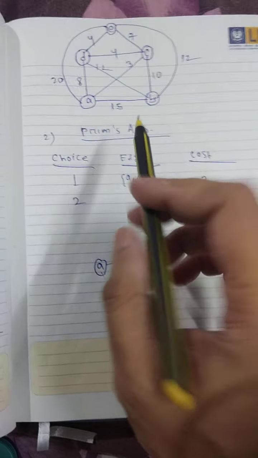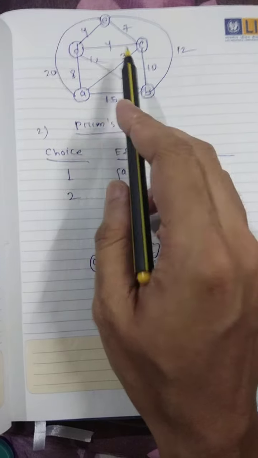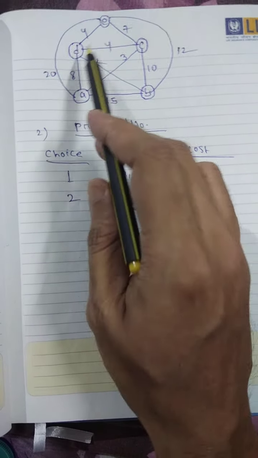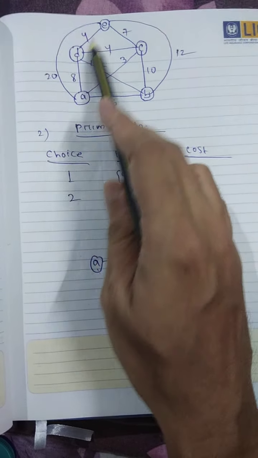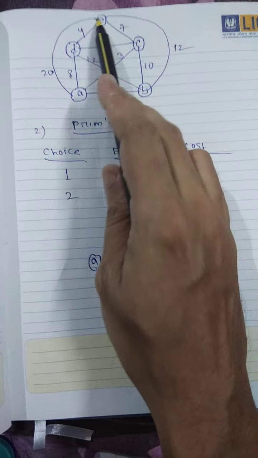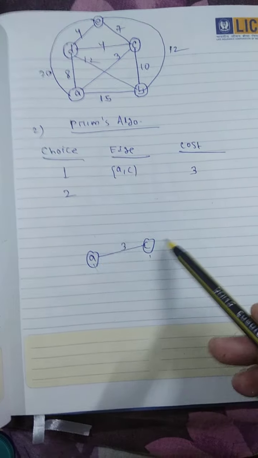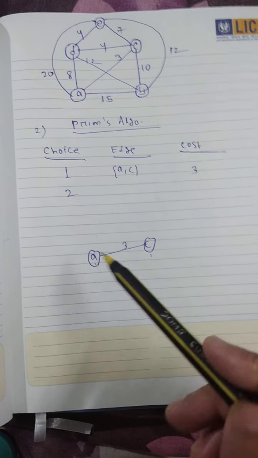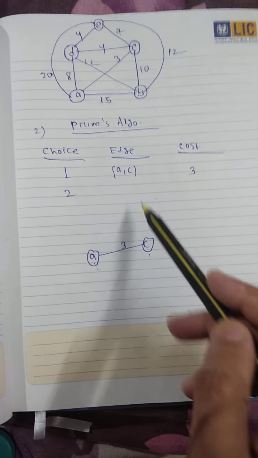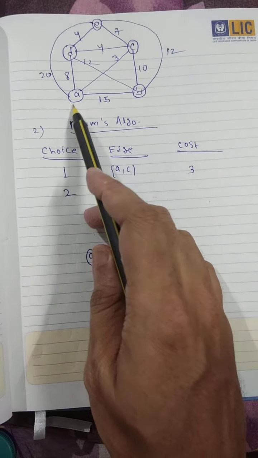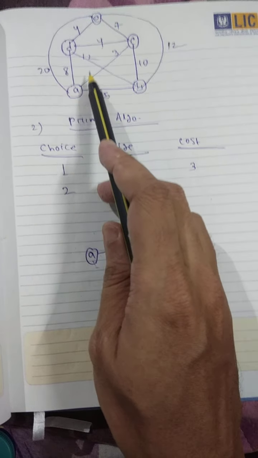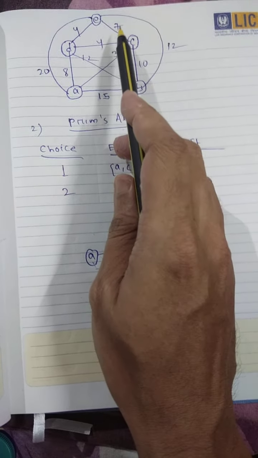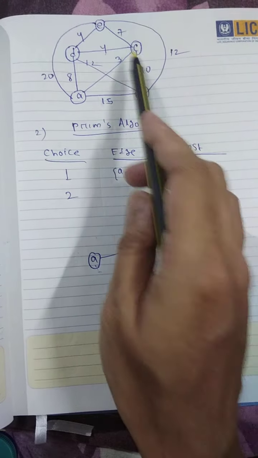Suppose in this case, the next minimum is 4 and 4, but DE 4 we cannot take first, because D and E are not yet selected. First we selected A and C, so we select the edge which is incident either on A or on C. That means from A you select this or from C you have to select this.